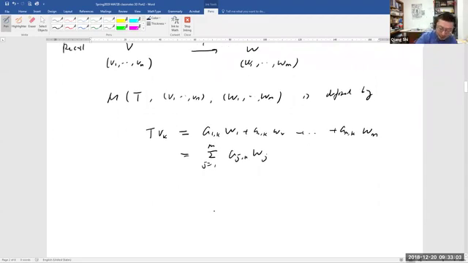So this matrix M is basically a11 up to a1n, down to am1 up to amn. That's how we define this.